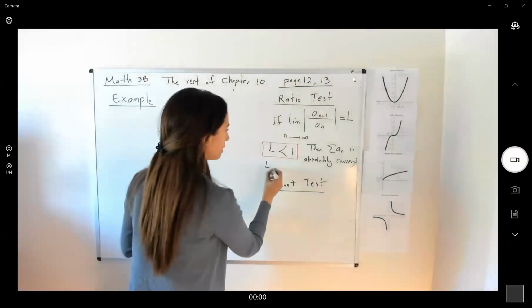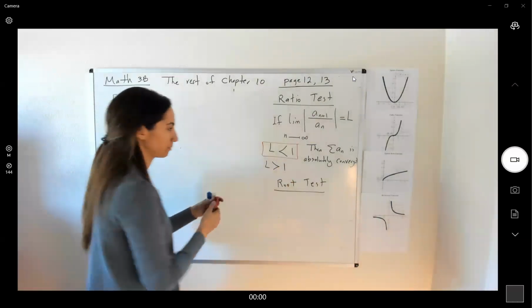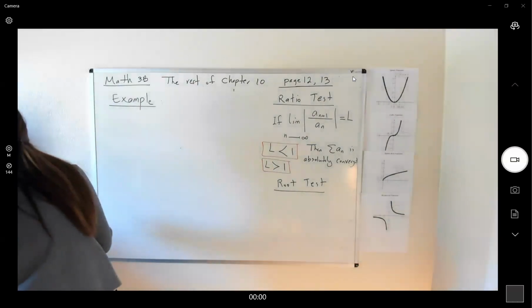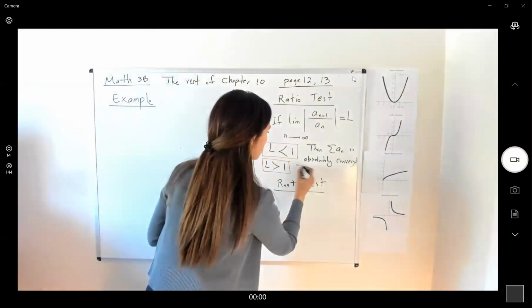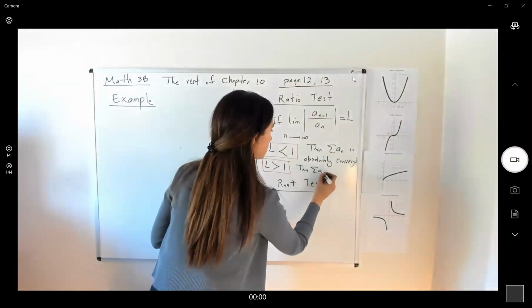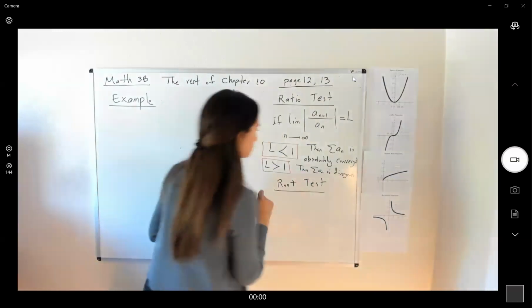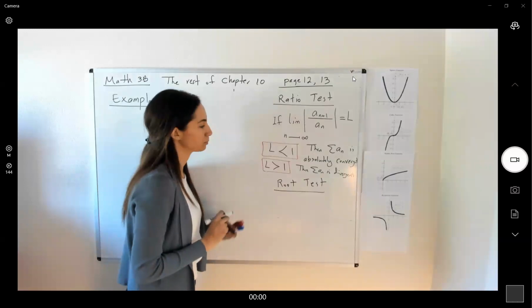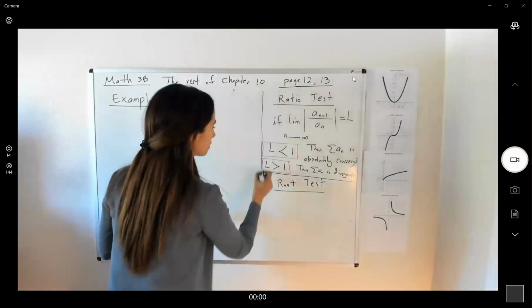If L is greater than 1, then the series is divergent. Note that L greater than 1 can be infinity as well. So this is your ratio test.